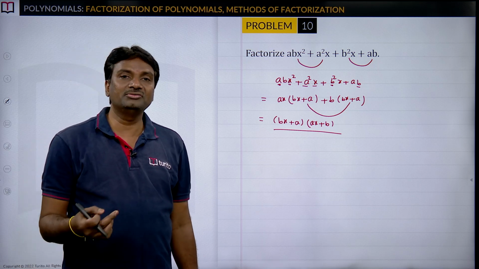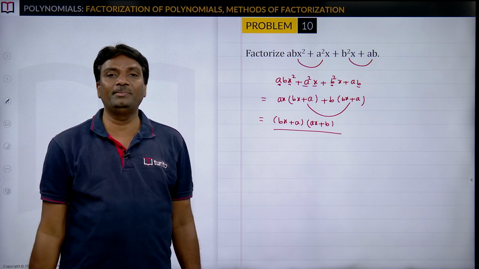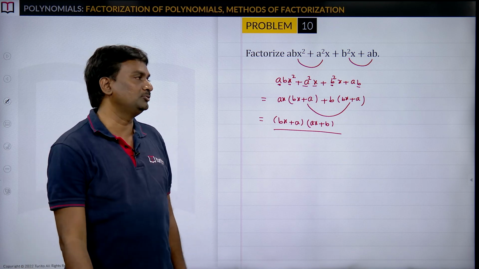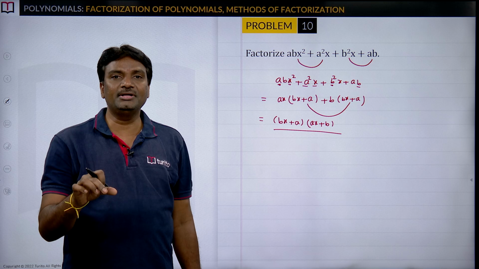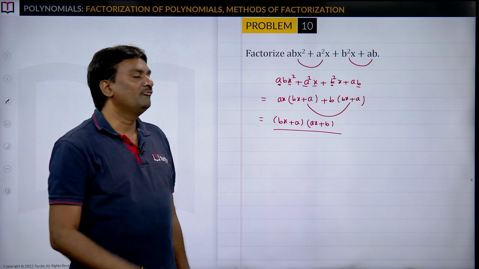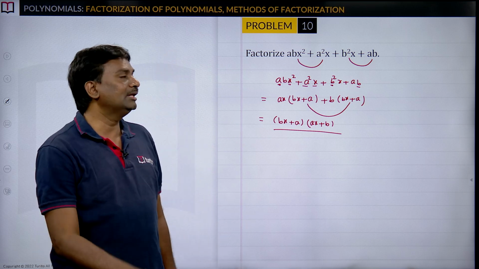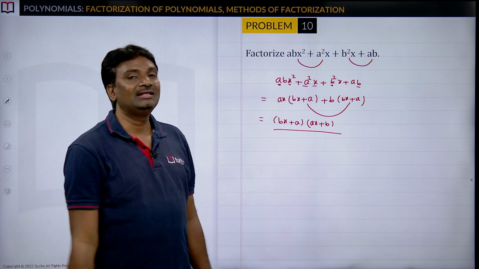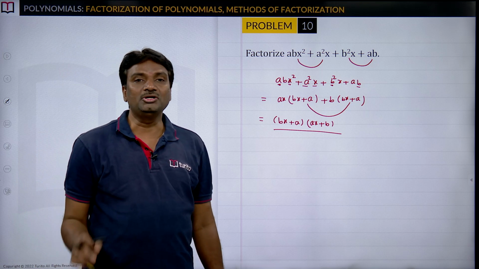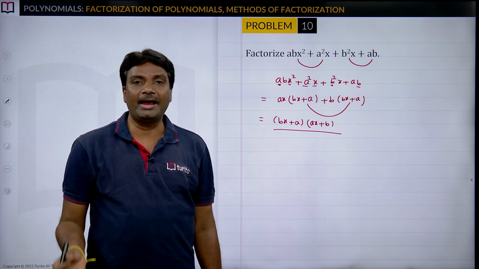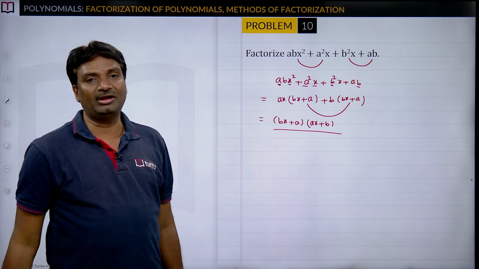So, when we have an expression like this, then you can consider the first two terms and last two terms. But every time it is not necessary to consider the first two terms and last two terms. Sometimes you may take first term, third term, second term, fourth term, or first term, fourth term, second term and third term. According to the given problem, you can write first two terms or first and last terms at one place, remaining terms at one place.